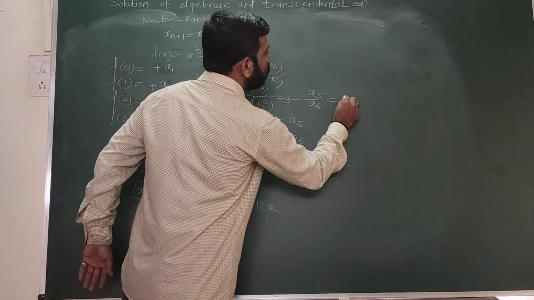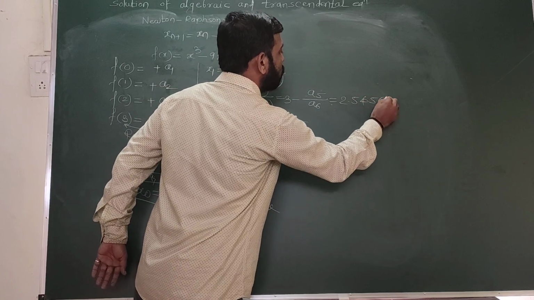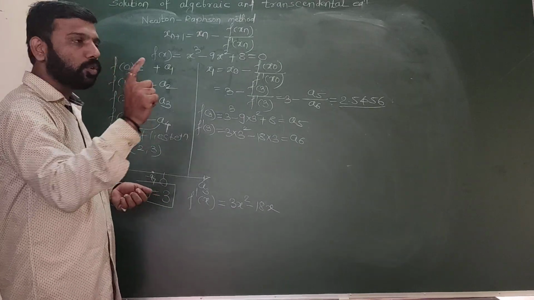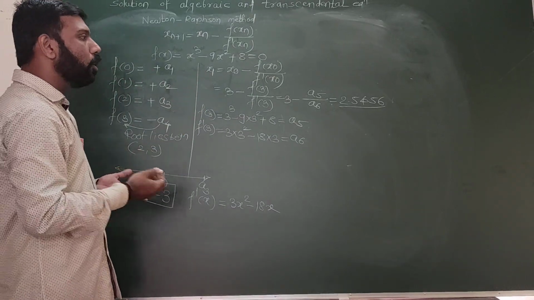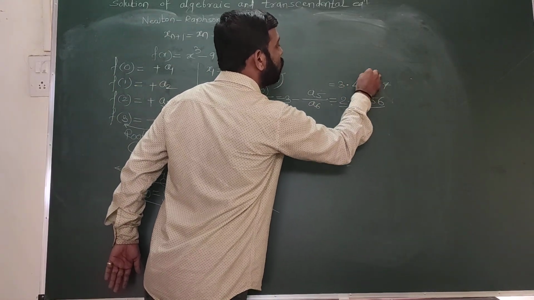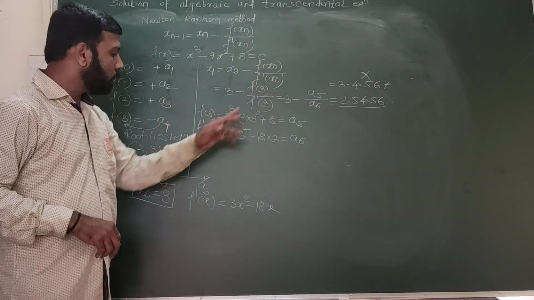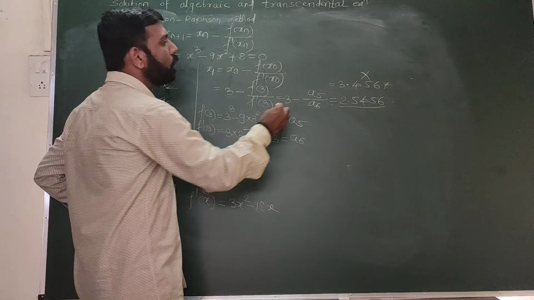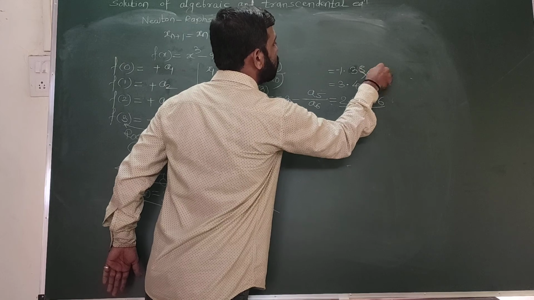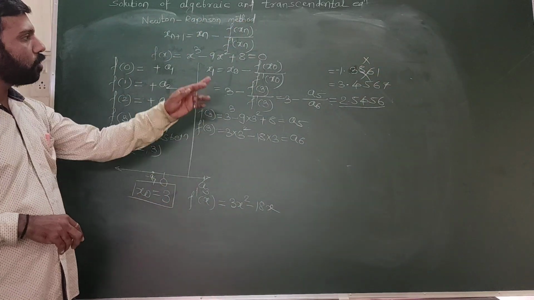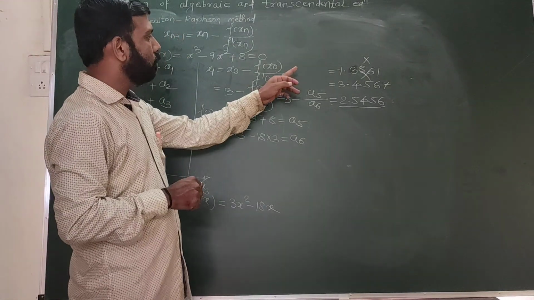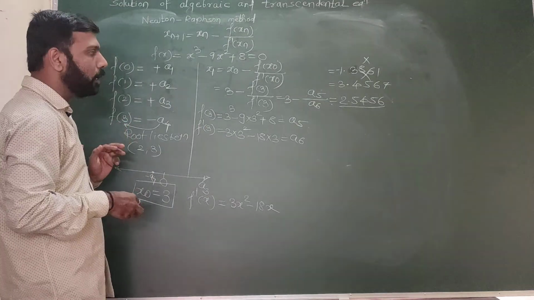If we got 3.4567, the answer is wrong, because that value is out of the interval. Suppose we got 3.861, again this value is wrong, it is out of this interval. So we can always verify our answer: the value must be in the interval 2 and 3.